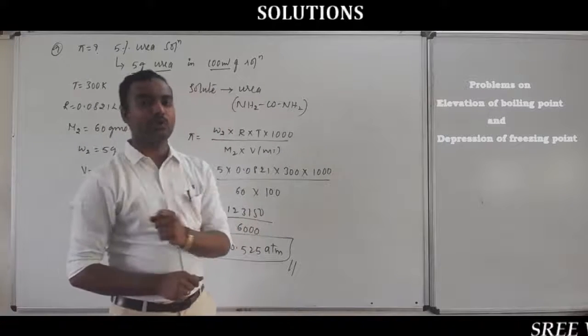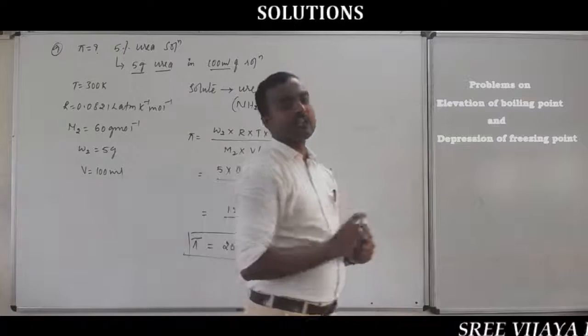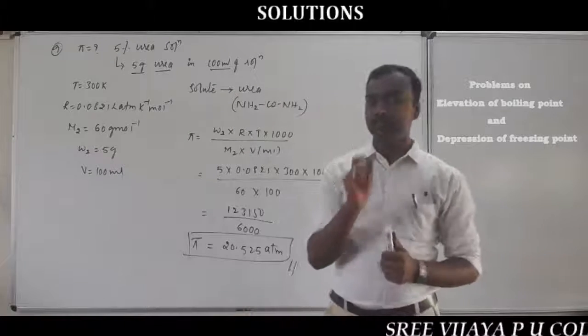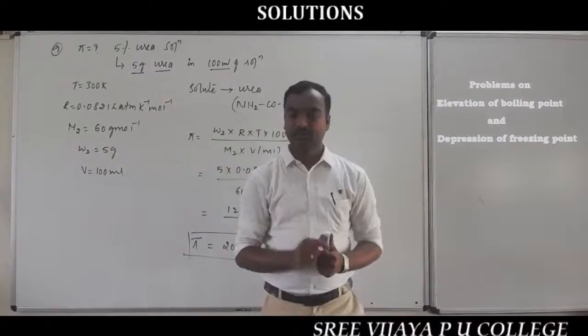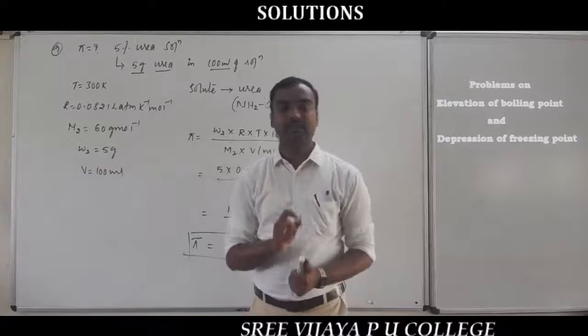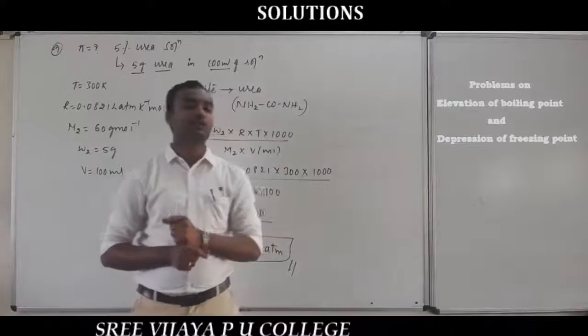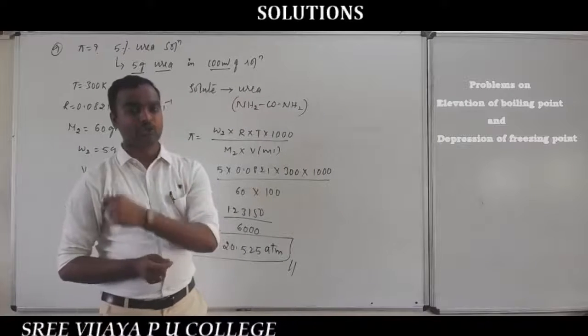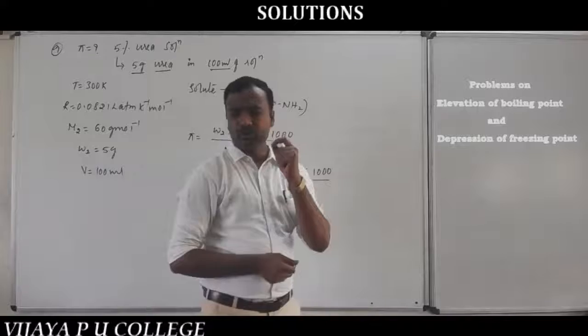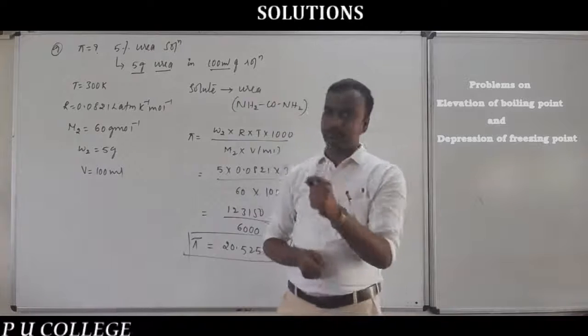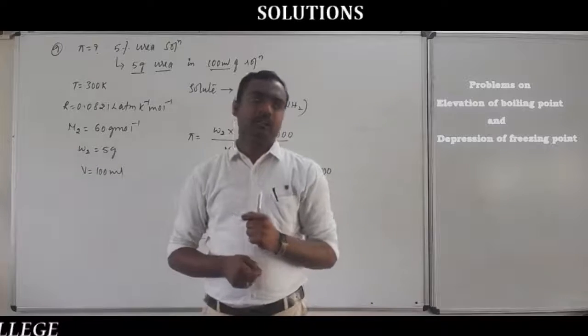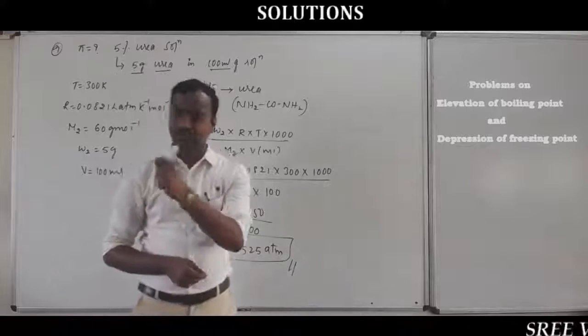Delta TF is equal to T0F minus TF, where T0F is the freezing point of pure solvent and TF is the freezing point of solution, and delta TF is the depression of freezing point. At the same time, KF is the cryoscopic constant or molar depression constant, also called the freezing point depression constant.